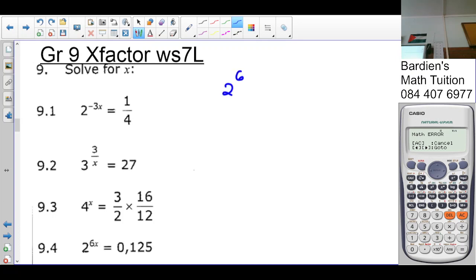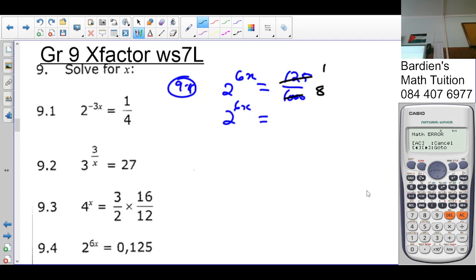2 to the 6x equals 0.125, which is 125 over 1000. So 2 to the 6x equals 125 goes into there once and here 8 times.